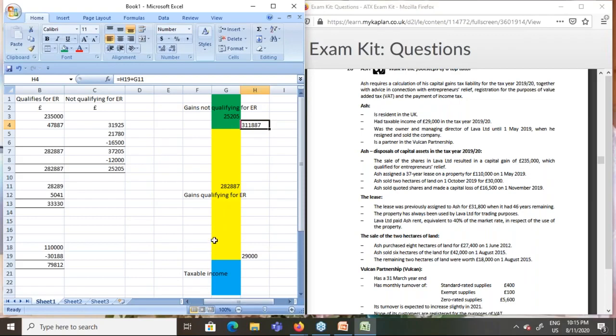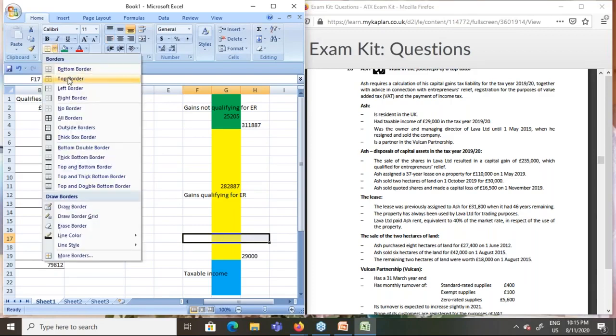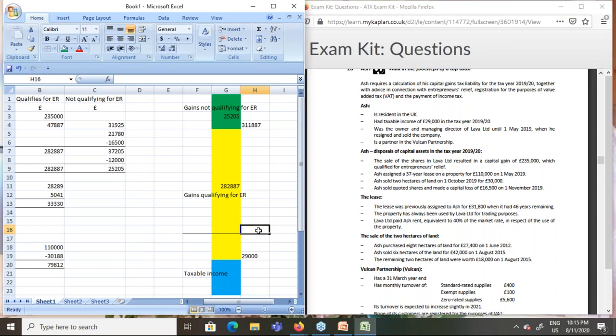And the gains that fall within the basic rate band, that is 37,500. Normally at the rate of 10%. Any gain which falls within the basic rate band is normally subject to tax at the rate of 10%. But here, it doesn't matter whether you are a basic rate or higher rate taxpayer, you have gains qualifying for ER.